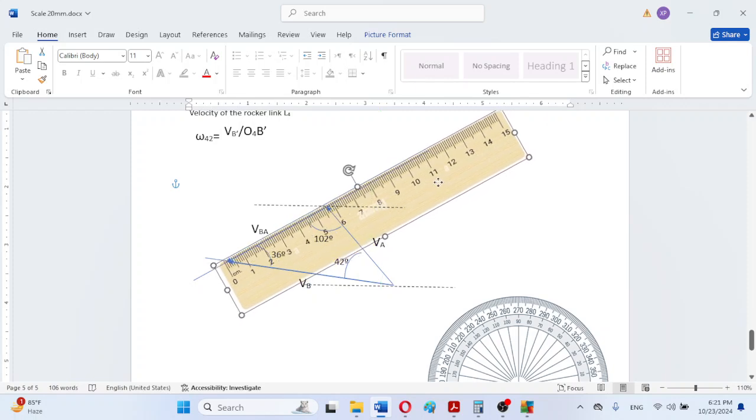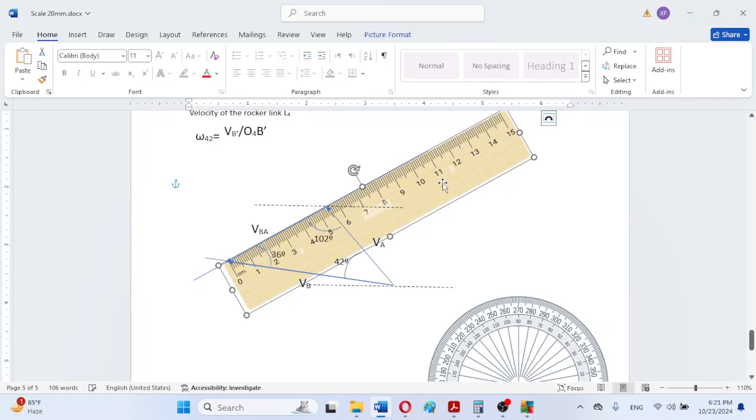So here, as we can observe very carefully, this is 1 2 3 4 5, and it is approximately equal to 5.4 centimeter.